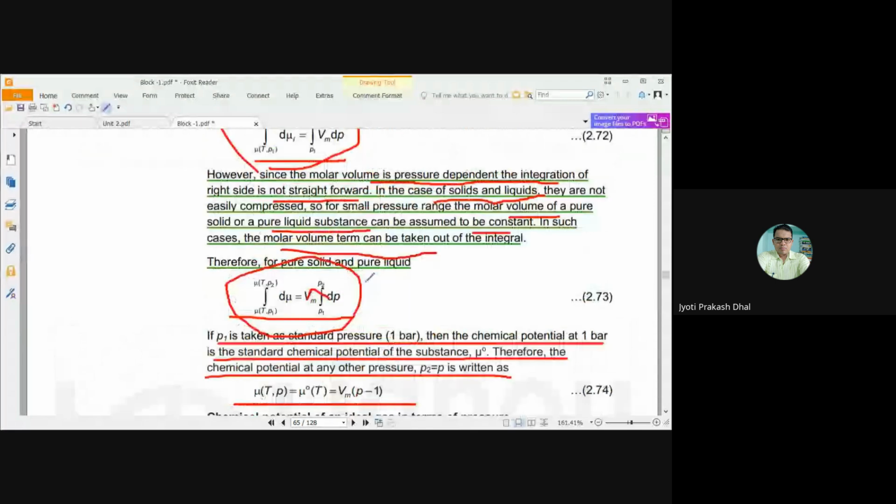For solid and liquid, with change in pressure there will be a negligible change in molar volume, so V_m will be almost constant and taken out from the integral.